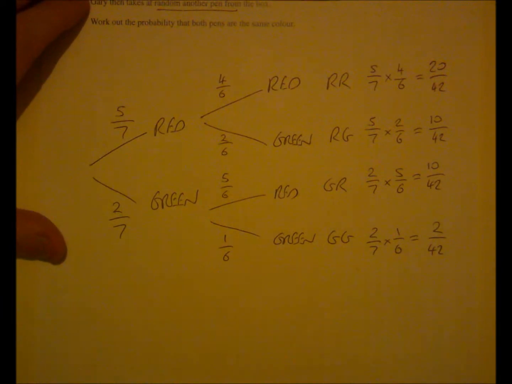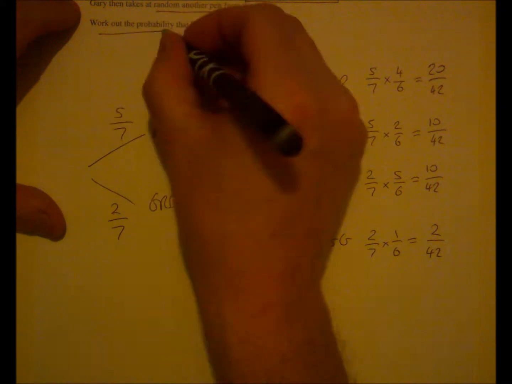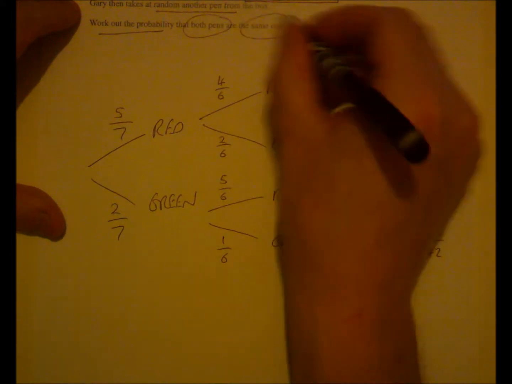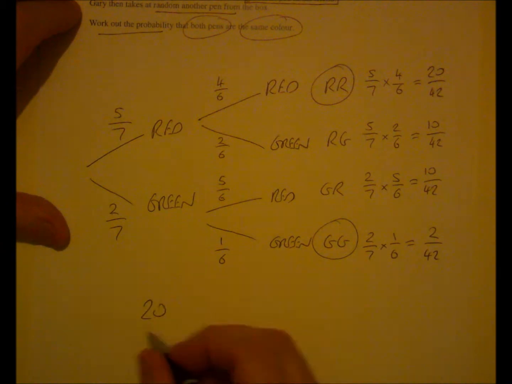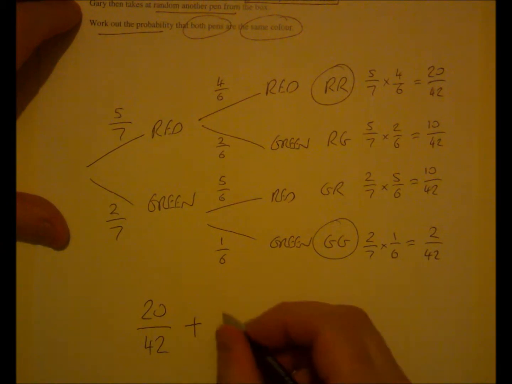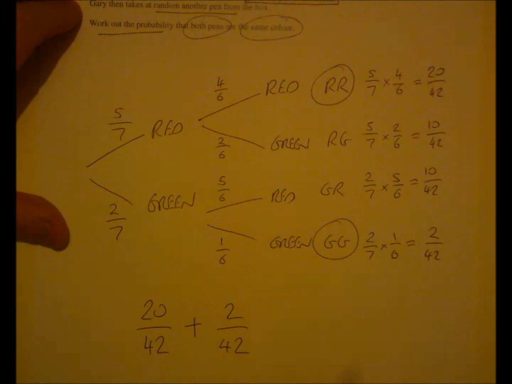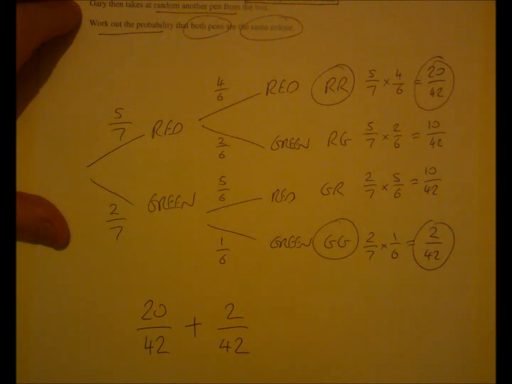However, the mark scheme may need you to do a little bit more for the next mark. Work out the probability that both pens are the same colour. Well, that's red, red, and green, green. Red, red has that probability, and green, green has that probability. The mark scheme may need you to show both of those being added together to get the third mark.